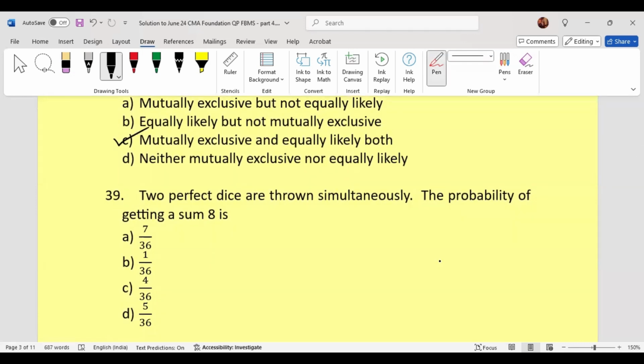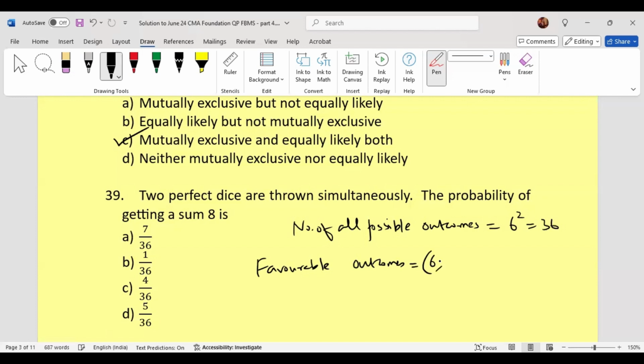Then the 39th question. Two perfect dice are thrown simultaneously. The probability of getting a sum of 8. First of all, the number of all possible outcomes. Since it is 2 dice, it will be 6 square and that is 36. Now let us write the favorable outcomes.